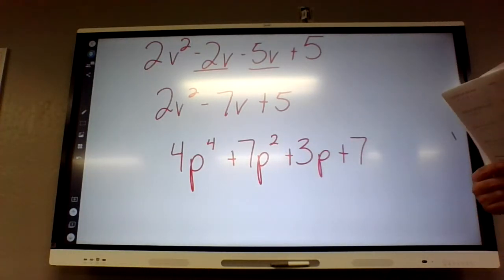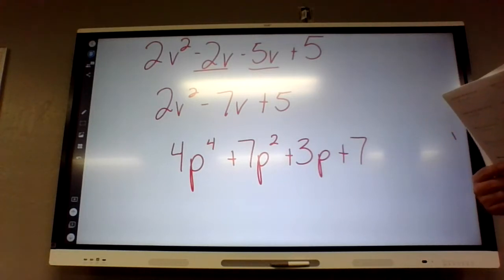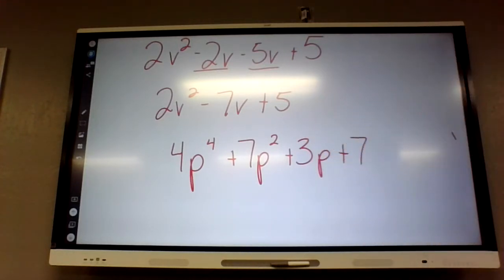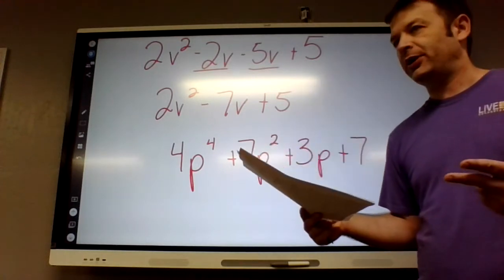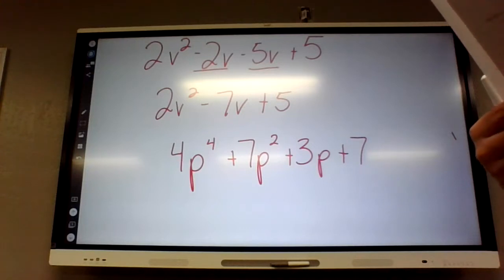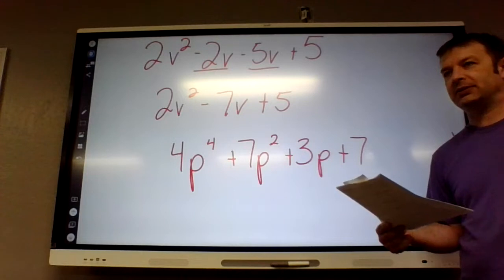Okay, on number 12, what's different? What's different about 12 from 11? There's a minus in the middle, which makes it tricky. So you're not just subtracting 5x squared, you're also subtracting negative 8x cubed and minus 7x. So what happens when you minus a minus?